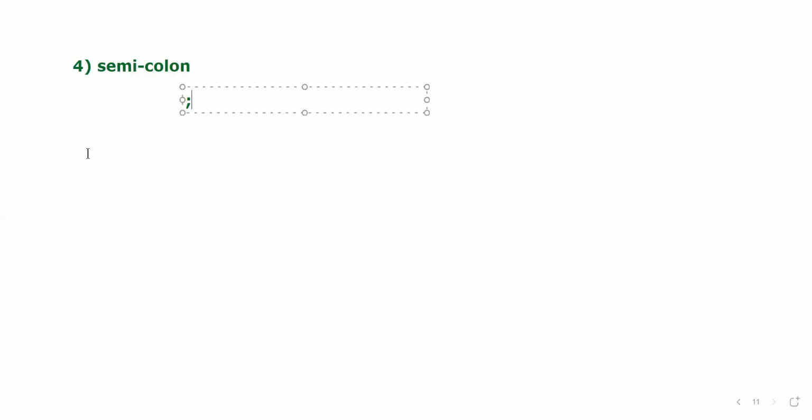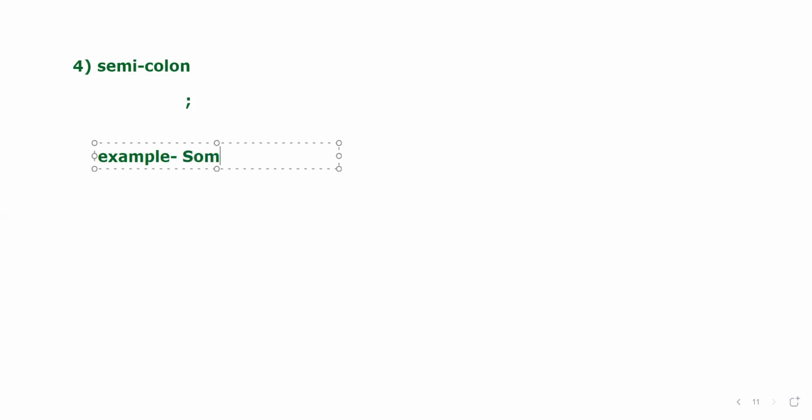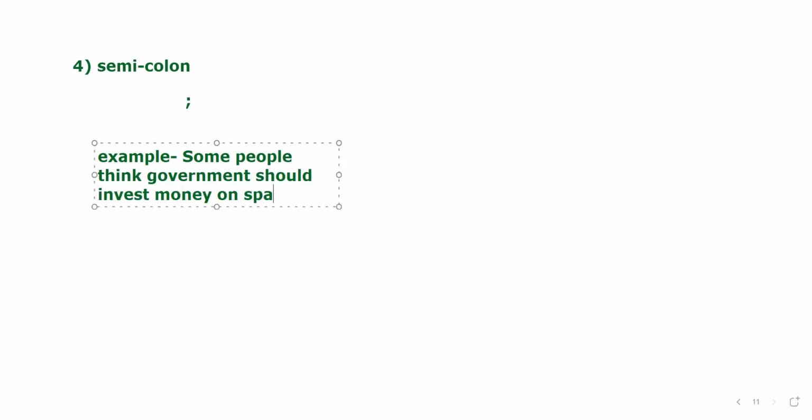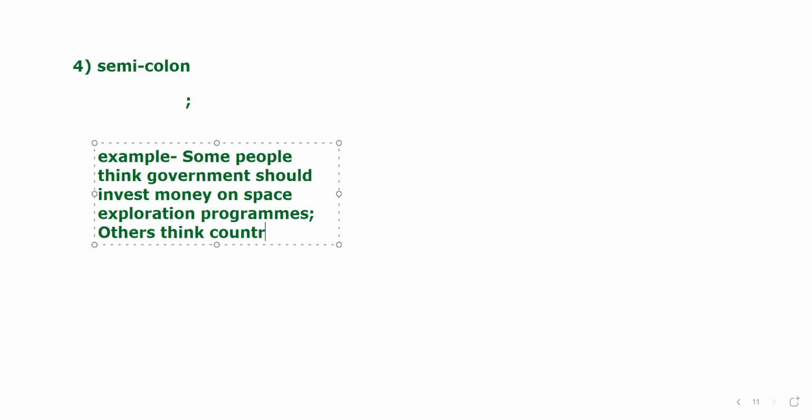The last way of making compound sentences is using a simple semicolon. For example, we are saying, some people think government should invest money on space exploration programs; others think countries need and needs are their first priority.